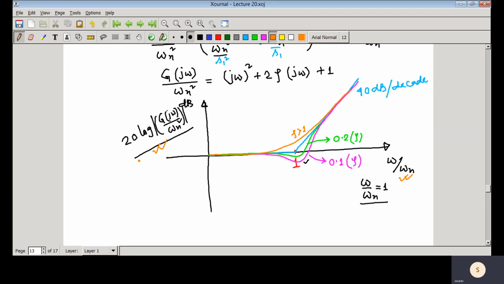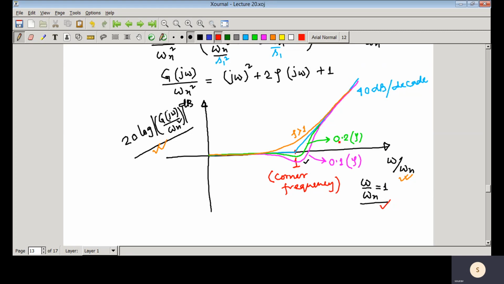So if we do like that, then the corner frequency is 1. And if we go for normal log ω scale, then that corner frequency would be ωn. That we can see from this particular relationship.